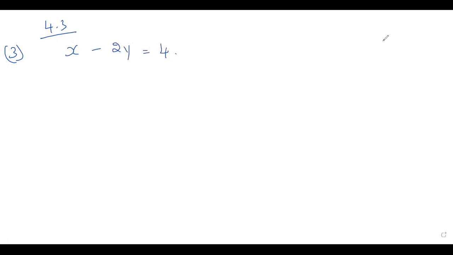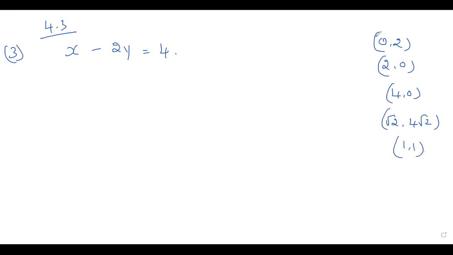And they have given some points here, 0, 2, 2, 0, 4, 0, root 2, 4 root 2, 1, 1. So they have given 5 points here. You have to check one by one. They have given x and y values, substitute the values in the given equation. And if both are equal, then only we say it is a solution of the given equation.